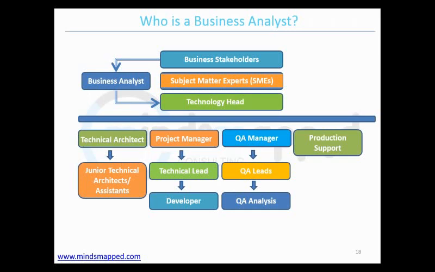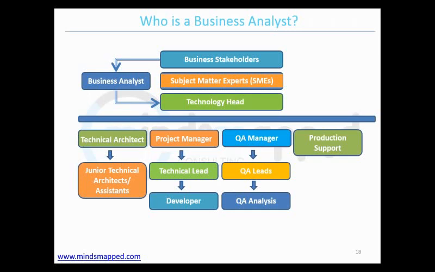I have to make sure as a business analyst that the solution delivers what is expected of it. So that's how the business analyst is placed in the IT organization.